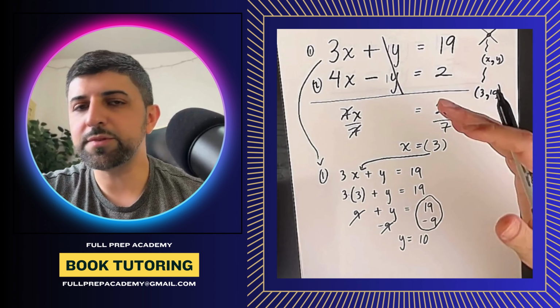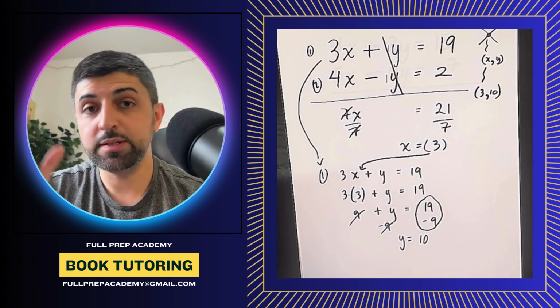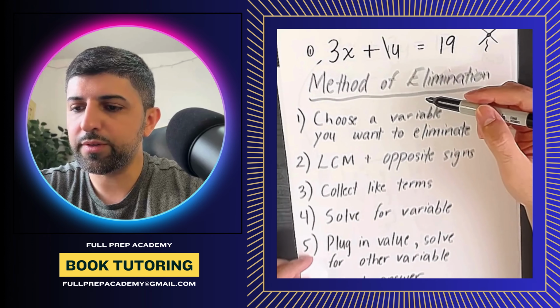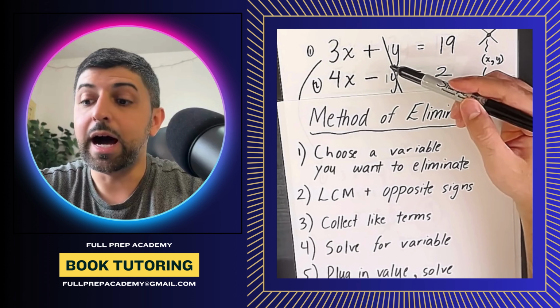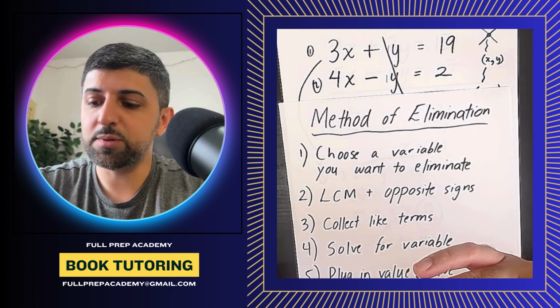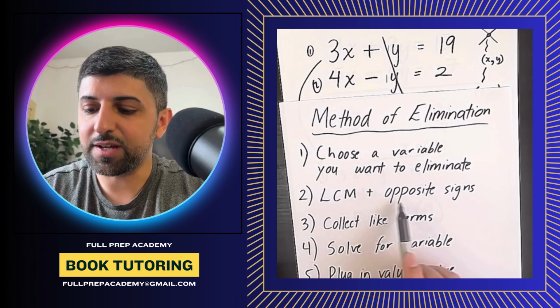So what were the steps involved to solving this problem? What did I actually do? Okay, let's break it down. The steps involved were that I started out by choosing a variable that I wanted to eliminate. I wanted to eliminate y. Now there's a reason why I wanted to eliminate y, and that's because y already satisfied step 2.